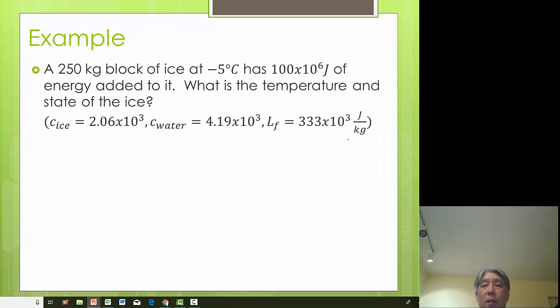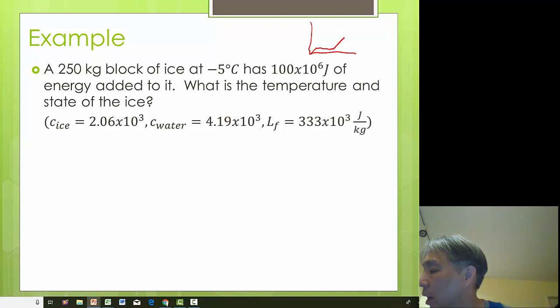Okay, so here's another example. I have a 250 kilogram block of ice again. It starts at minus 5 degrees Celsius, and I add 100 times 10 to the 6 joules of energy. I need to remember that from a phase change, I have solid, melt, and then water. How much energy? This is 100 times 10 to the 6 joules.